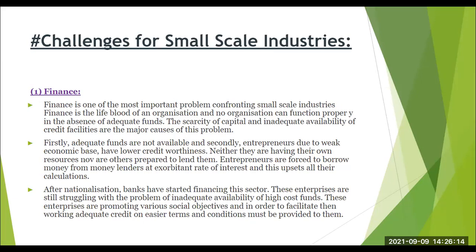So after nationalization, banks have started financing this sector. That is why we have a bank loan called a business loan. They lend you the money for doing a business. A startup loan is also available for new entrepreneurs in the market. For example, even if I pass out this year, and I plan to do a business, I have a project, I have an idea, and I have all the things that are required.